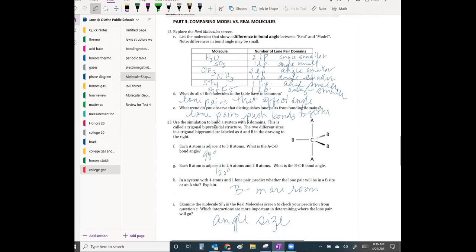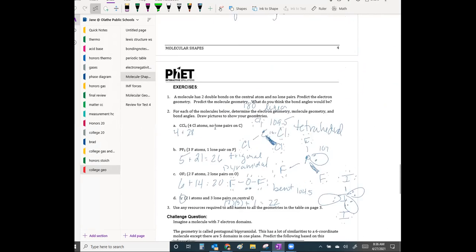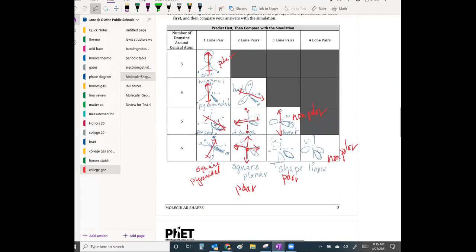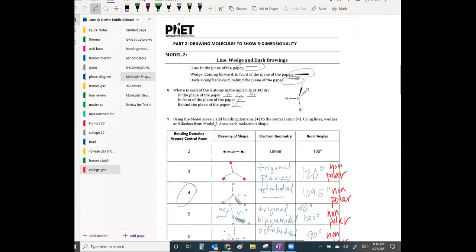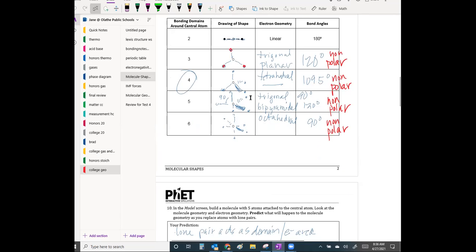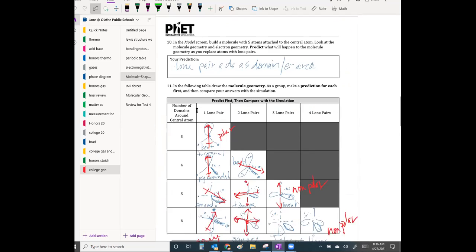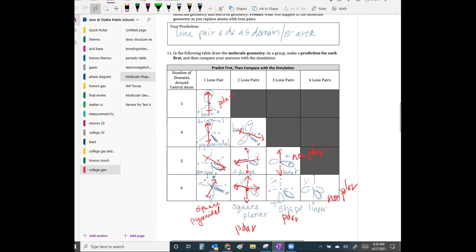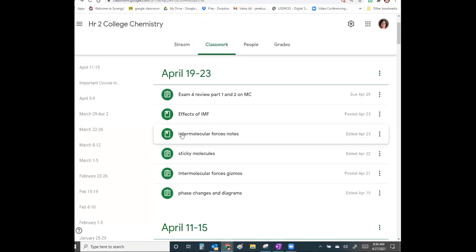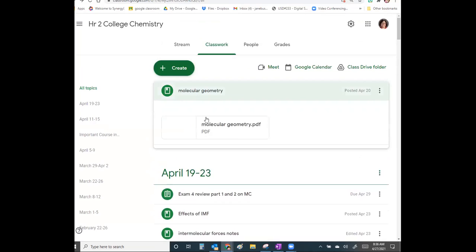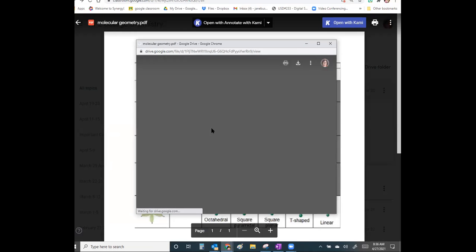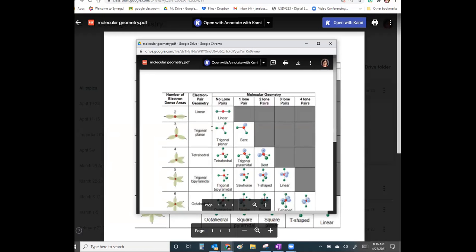You have this one that goes along with that web page. So we wrote the names of all the geometries down. If you don't have them, I added into Classroom, and it's not hooked anywhere, a basic chart that you can use.